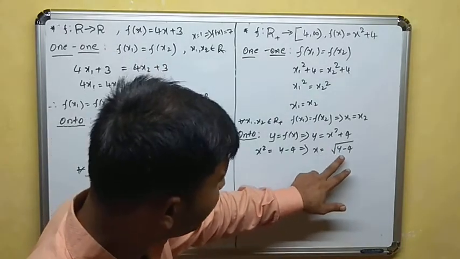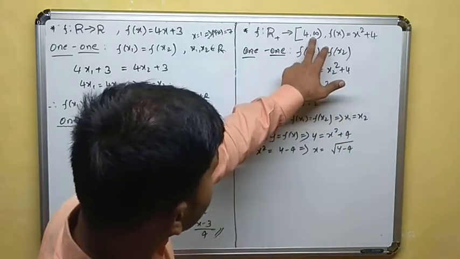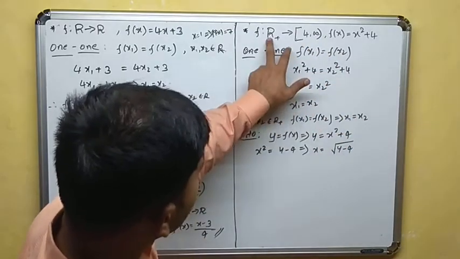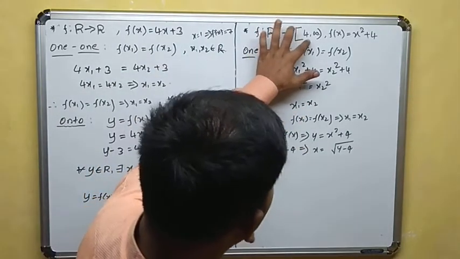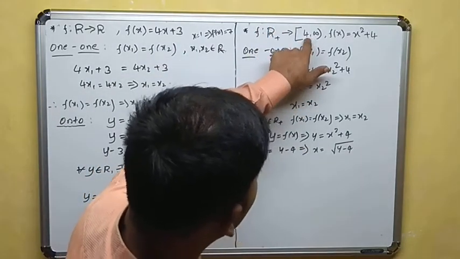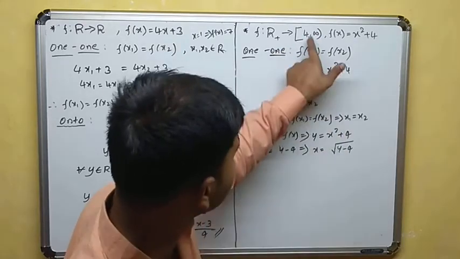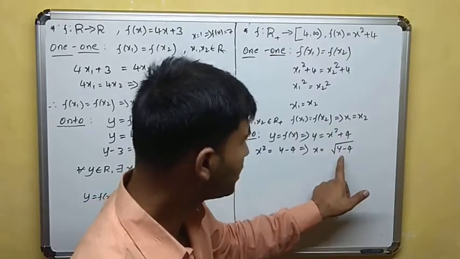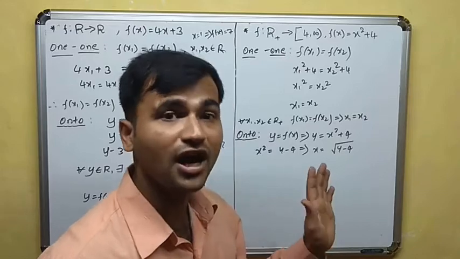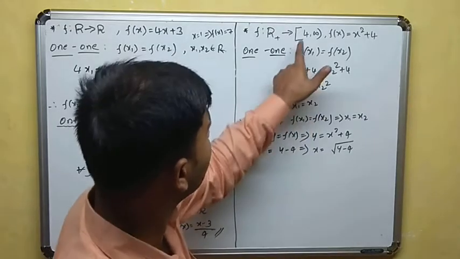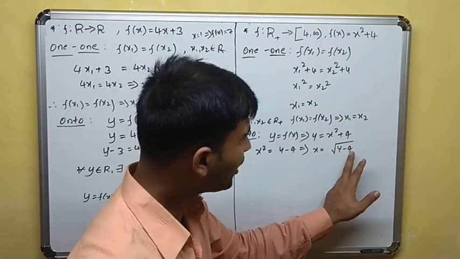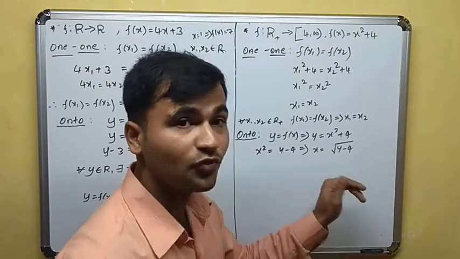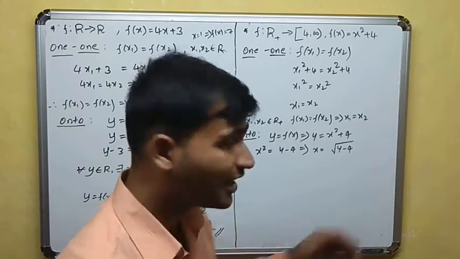Now we need to prove for every y belonging to this, there exists an x belonging to this, such that y is equal to f of x. You can choose the value of y from 4. The first value for y is 4. If you substitute 4, root 0 is equal to 0, a non-negative real number. Next you can choose 4.2, 4.35. For all those values, for example 5 minus 4, root 1, you will get a non-negative real number.